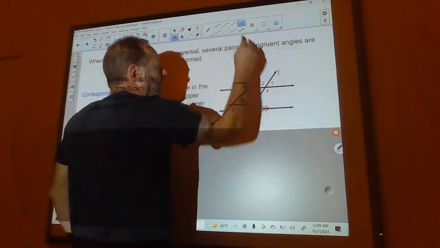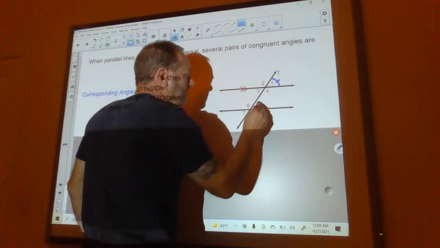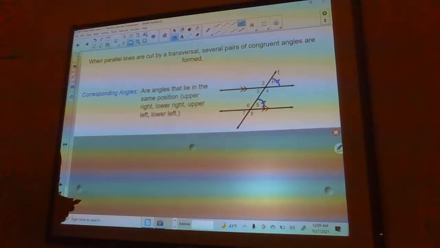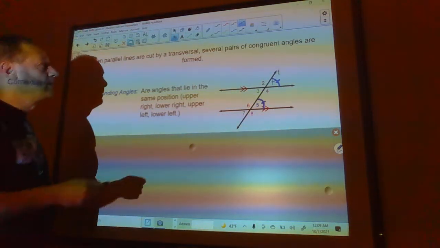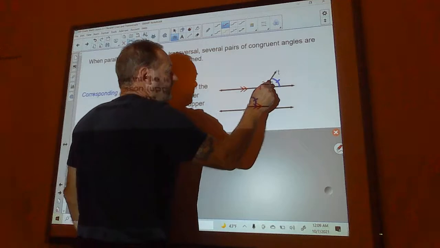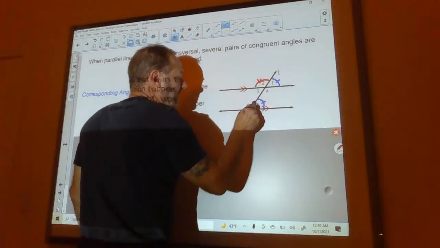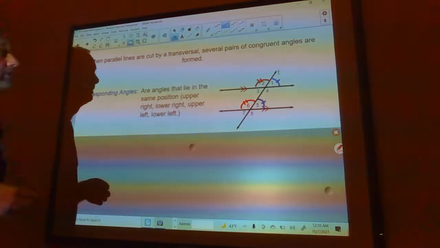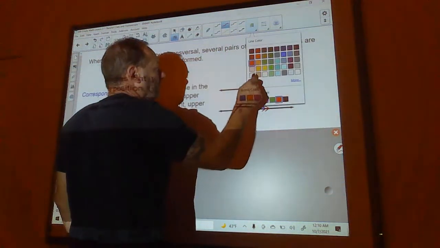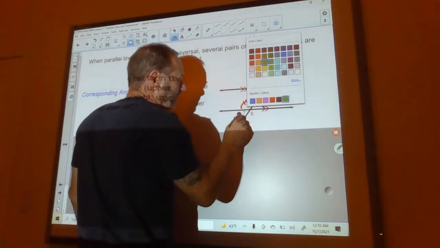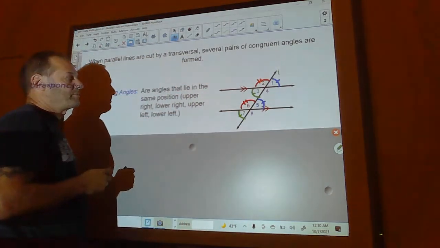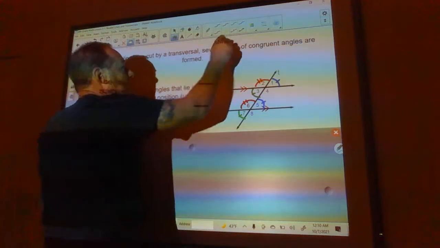So, angle 1 and angle 5 are corresponding, and they are equal. Angle 2 and angle 6 are corresponding, and they are equal. Angle 3 and angle 7 are corresponding, and they're equal.